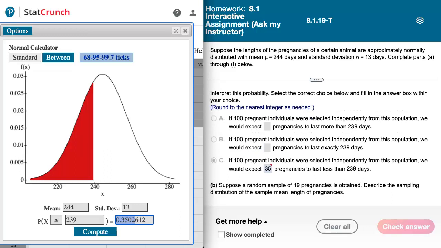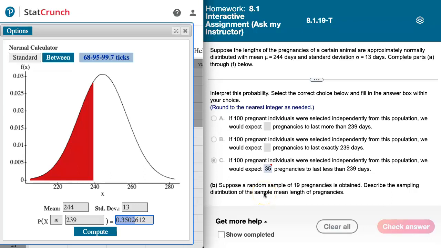In the next part of this problem, we're asked to interpret this probability. Notice that in each of these, we're being told about 100 pregnant individuals. So what we want to do with the probability is multiply 0.3503 times 100, and that gives us approximately 35.